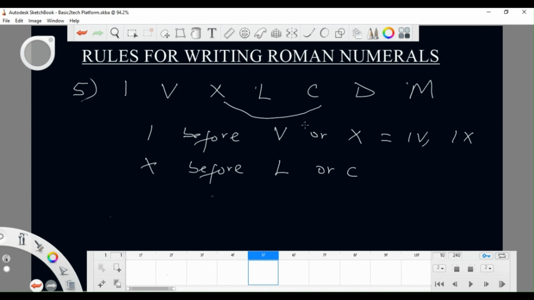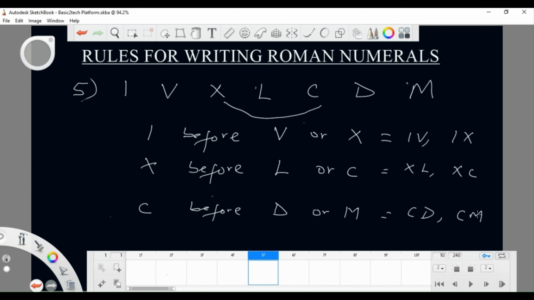Remember, numerals can only be placed in front of the two numerals that are closest. So we can have XL, we can have XC. Again, we can place C before D or M. So we can have CD, we can have CM.